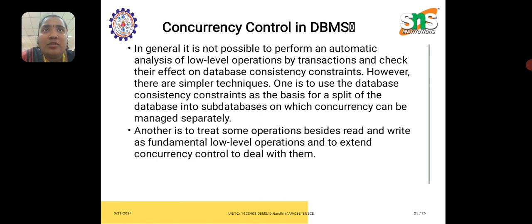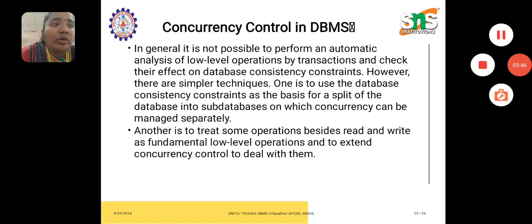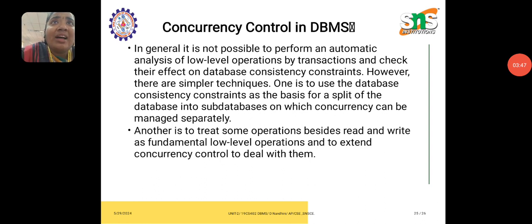T1 updates the value of that data and performs a commit. T2 updates the same data item based on its initial read and performs commit. Result: the modification of T1 gets lost by the T2 write, which causes a lost update problem in the databases.